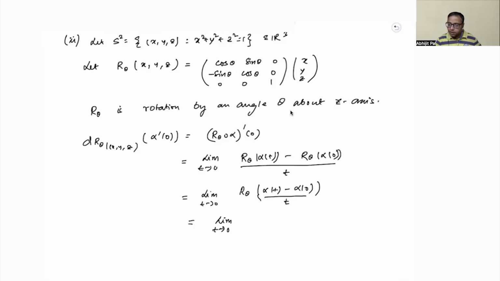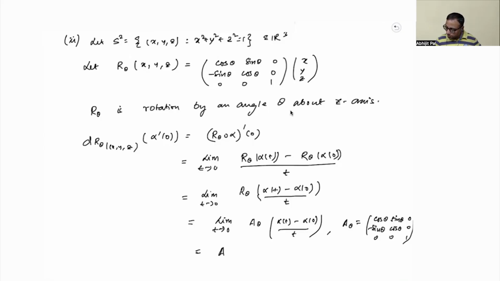So R theta, by definition, is this matrix multiplication: A theta, then you have this vector. Where this A theta is this rotation matrix: cos theta, sin theta, 0; minus sin theta, cos theta, 0; 0, 0, 1. Okay.